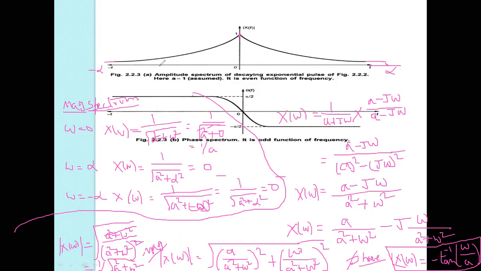When coming to the phase spectrum, what is the phase? We got minus tan inverse y by x. What is y? Omega by a. The phase angle of X of omega is equal to minus tan inverse omega by a.